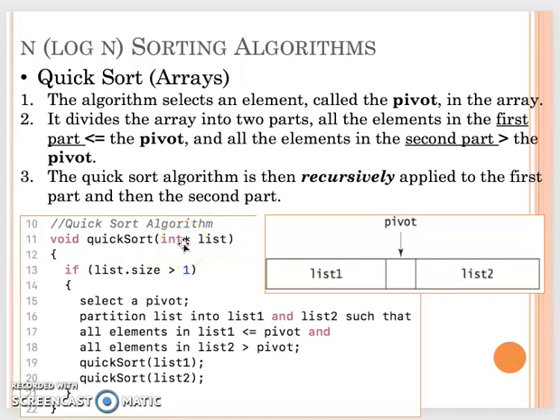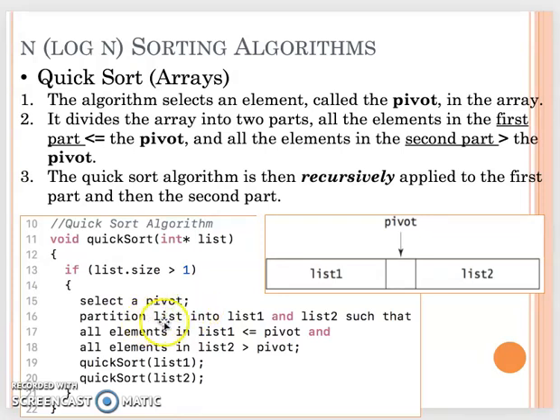This quick sort algorithm works on either an array or a linked list. As long as your list size is greater than 1, I continue. Otherwise, we finish. If your list size is greater than 1, then choose a pivot. You can use the index, or for a linked list, you can just use the first node as the pivot.